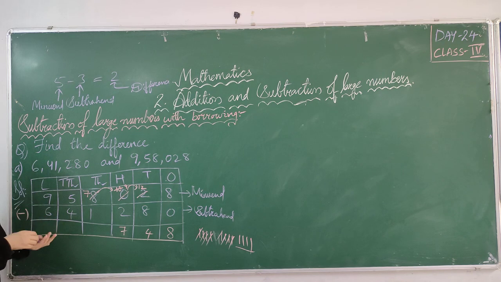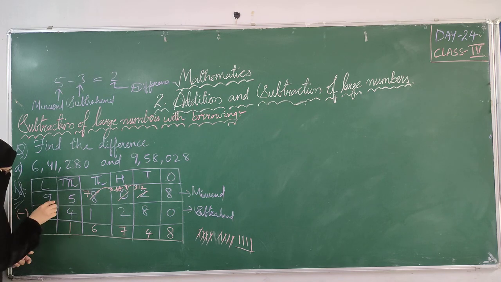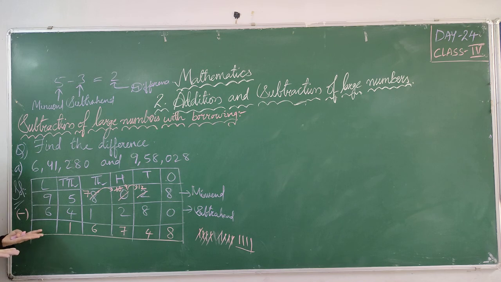How many are left? 6. From 5 we have to remove 4. 1. From 9 we have to remove 6. 3 are left, right? So write 3 here. What do you call this one? Difference. Result of subtraction is difference.